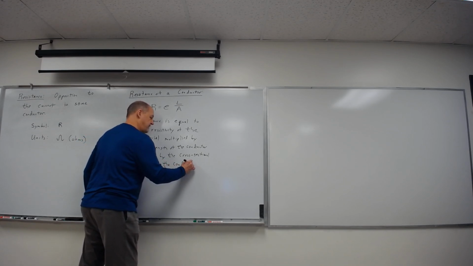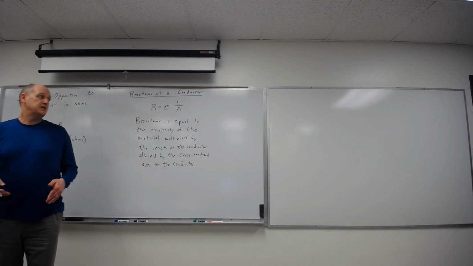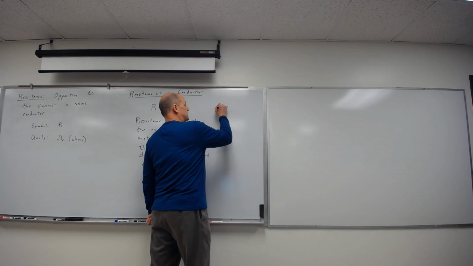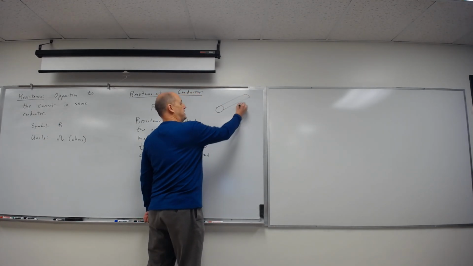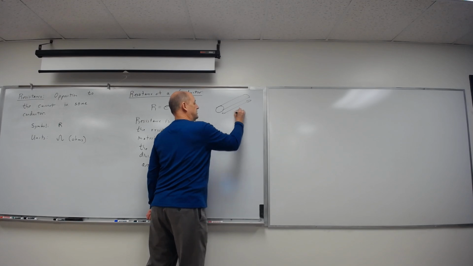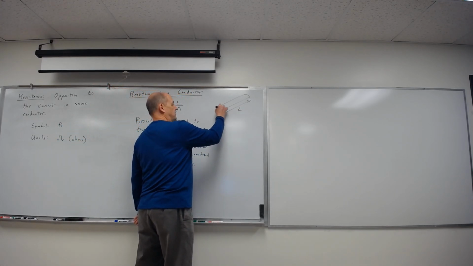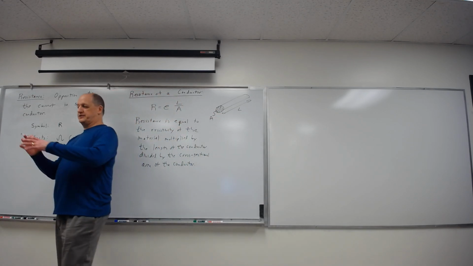We have to specify that so you don't get to the surface area. So if this is my conductor, in a 3-dimensional projection, the length of this conductor is there, and the cross-sectional area is how much area there is across that conductor.